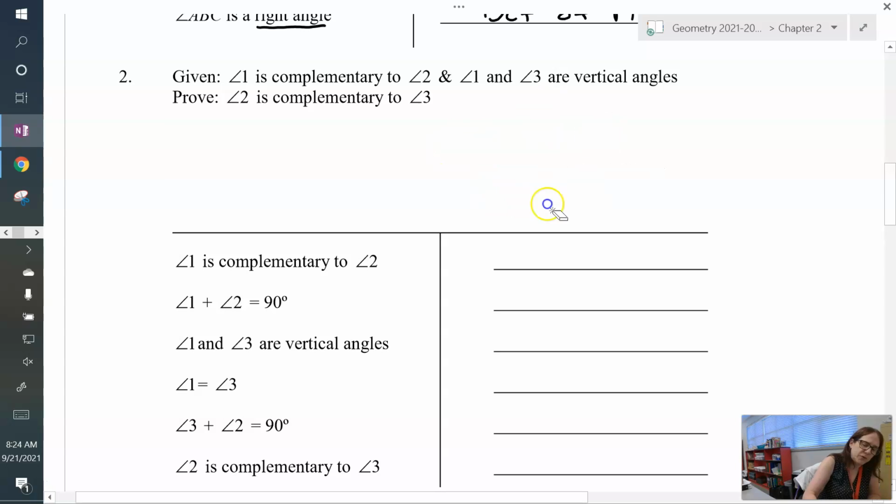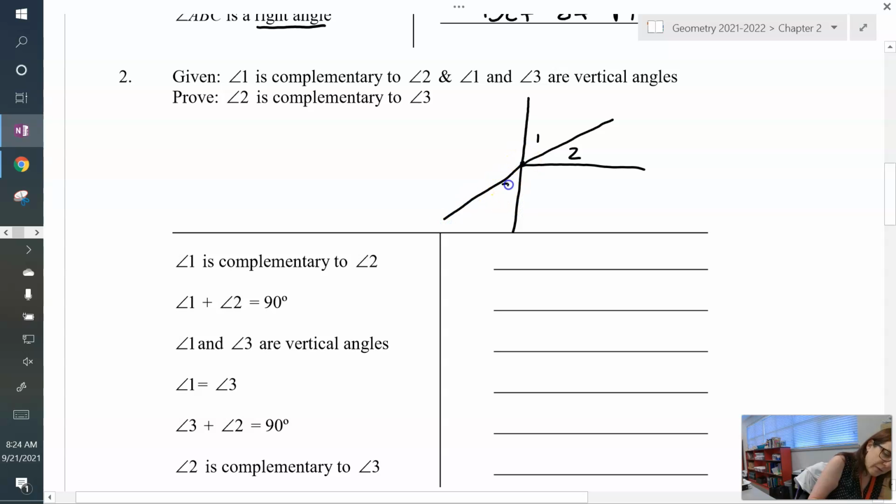Let me change my picture. Here's angle 1, here's angle 2, and I know 1 and 3 are vertical angles. So there's angle 3. So there's my picture. And we're going to prove that 1 is complementary to 3.